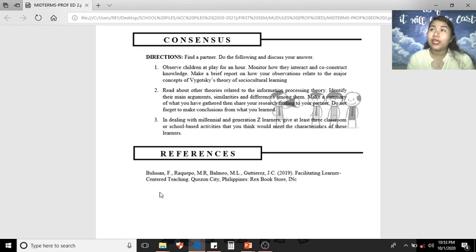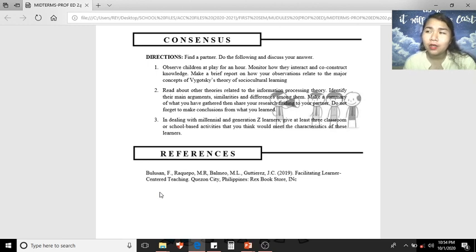Right? Or hindi naman kaya magpapa-roleplay kayo. 'Di ba? And other activities that you think will cater the needs or meet the characteristics of the millennials today. Yung ibang teacher ginagawa, 'di ba?